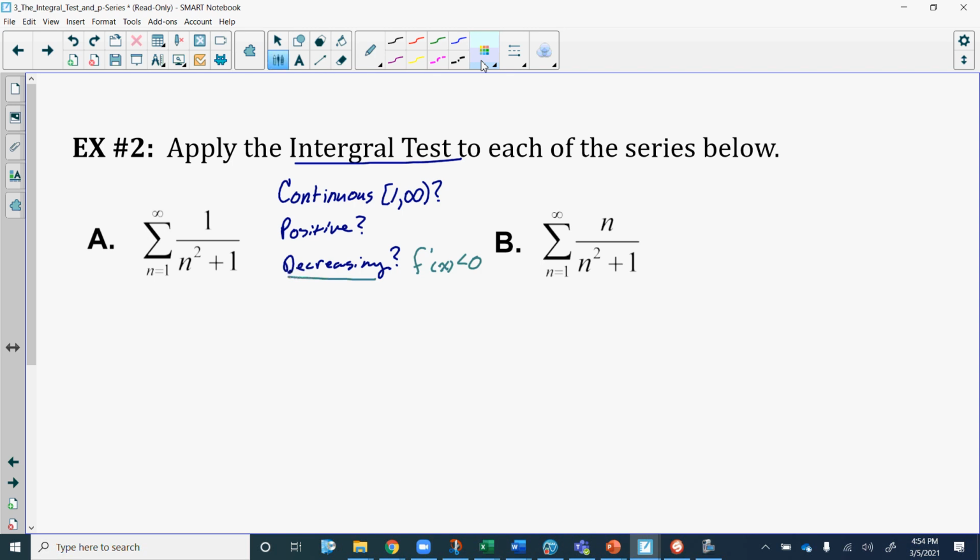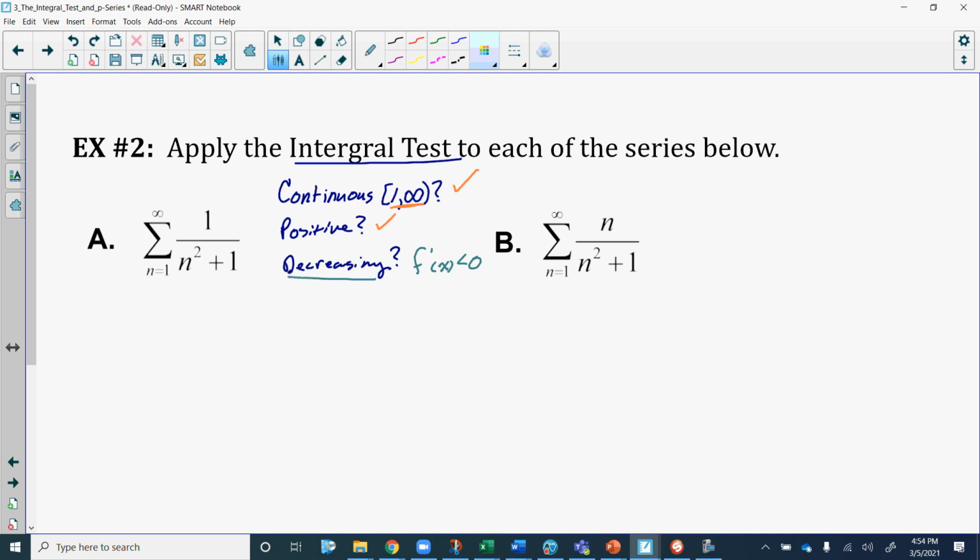So from 1 to positive infinity, it will be continuous. Okay. Again, the numerator is positive. We're adding 1 in the denominator, and we're squaring something in the denominator. So it doesn't make a difference what numbers we substitute in for n, again sticking to that interval, everything will be positive.